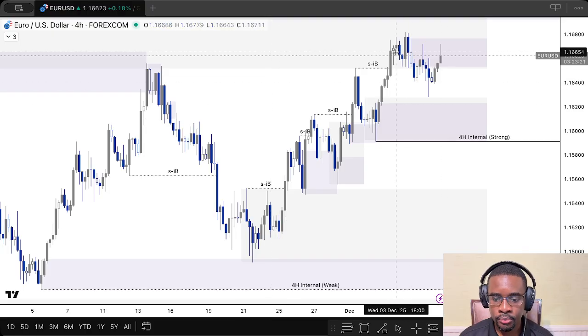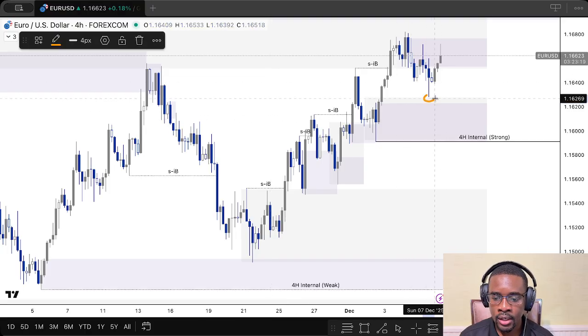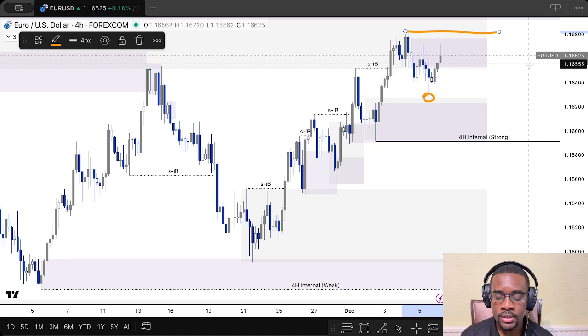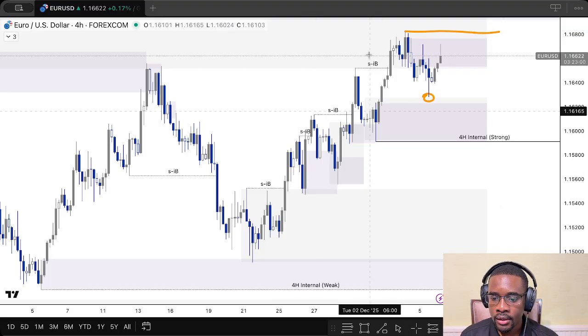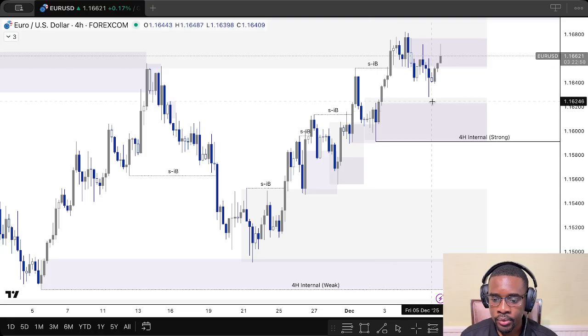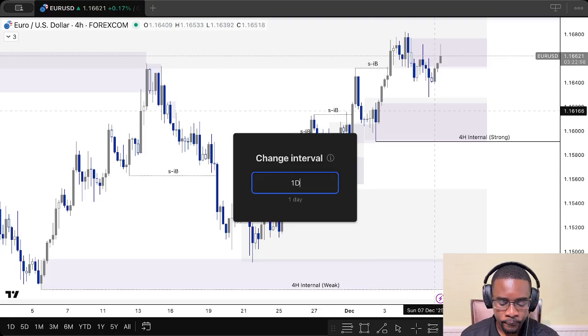So this could be the higher low within this internal of internal that has been formed, and now we could be targeting this weak internal of internal high. That would be the overall idea for the day.